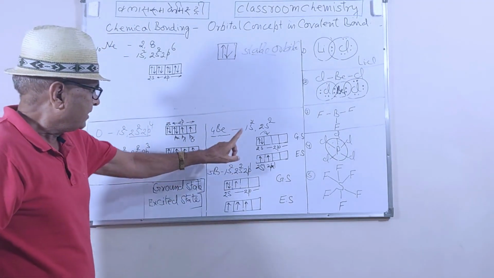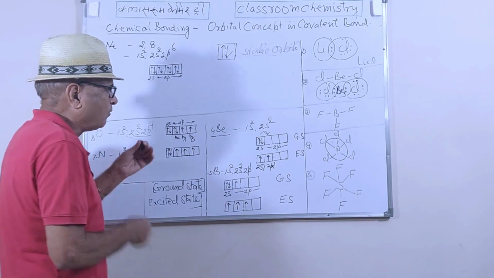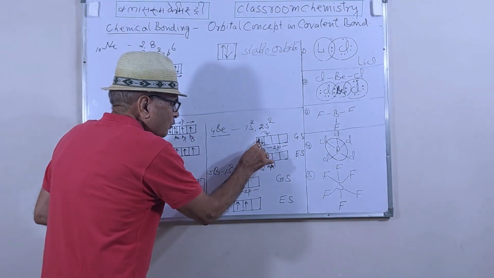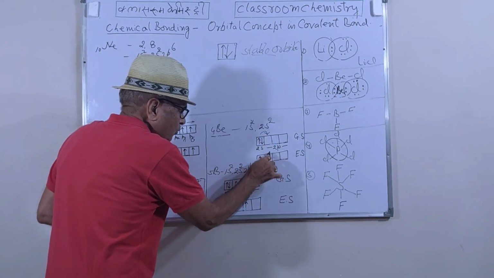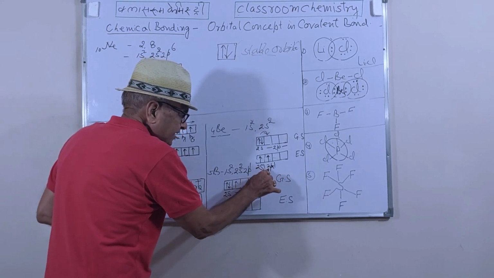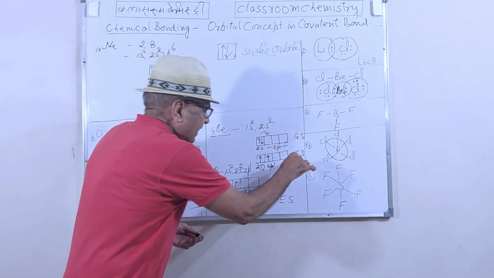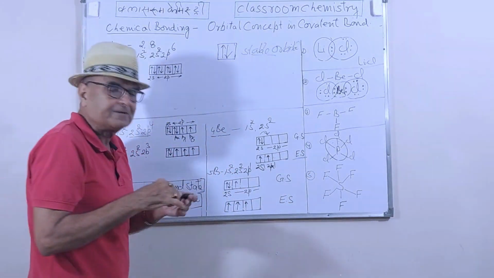So this beryllium will absorb energy, and one electron of 2s will be transferred to 2p, the 2px. This state is called the excited state.